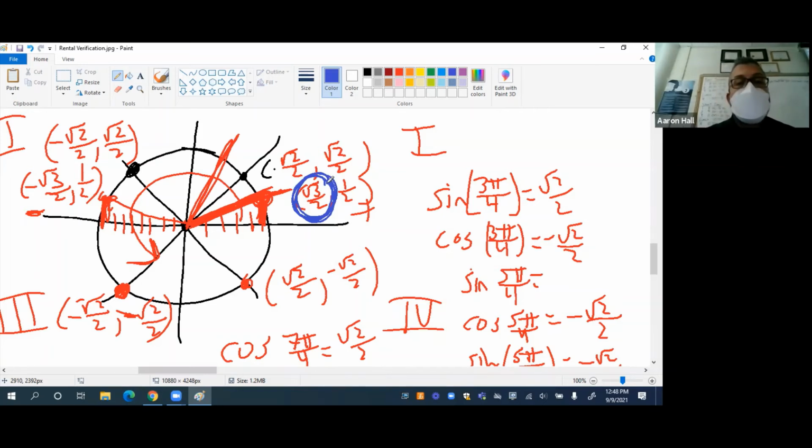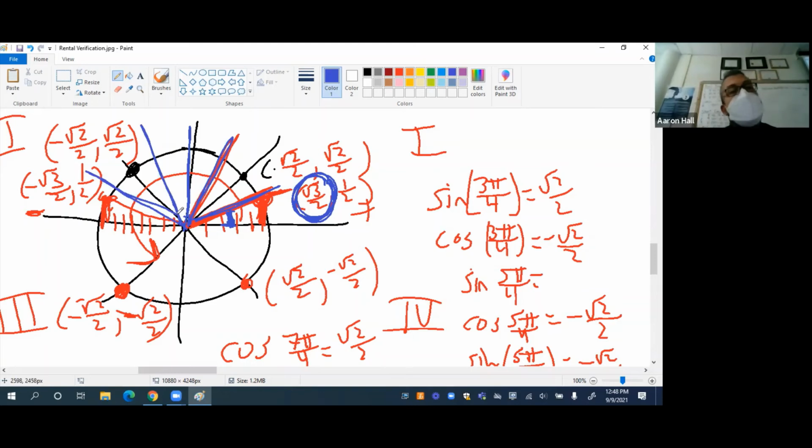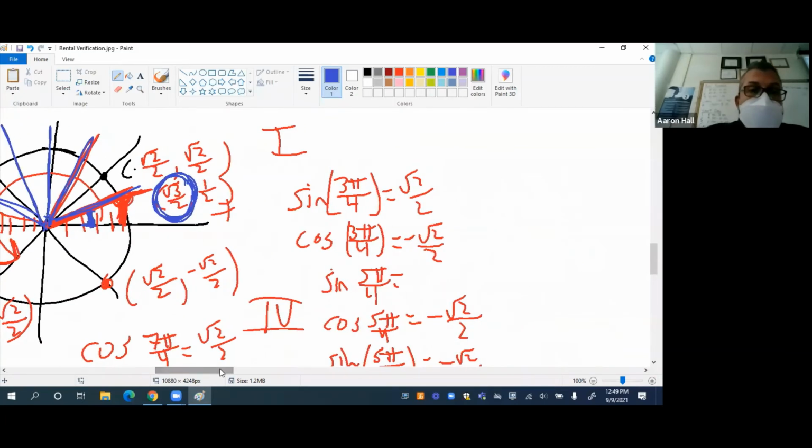All right, so what rotation is this? We divided the circle up into how many slices? So it's pi 6, right? So that's my cosine.